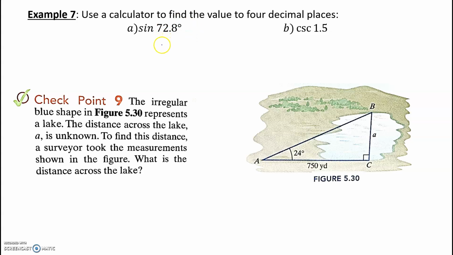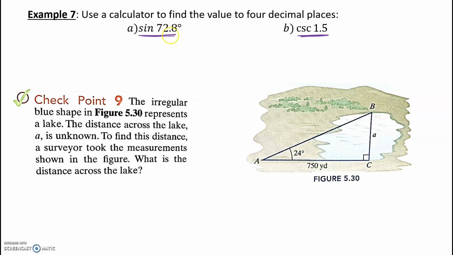Using a calculator. Now, I want you to definitely know the difference between degrees, so this one's in degrees, and radians. There are buttons on your calculator. The calculator that I posted has a button that says degrees and radians, and when you click it, it slides back and forth.